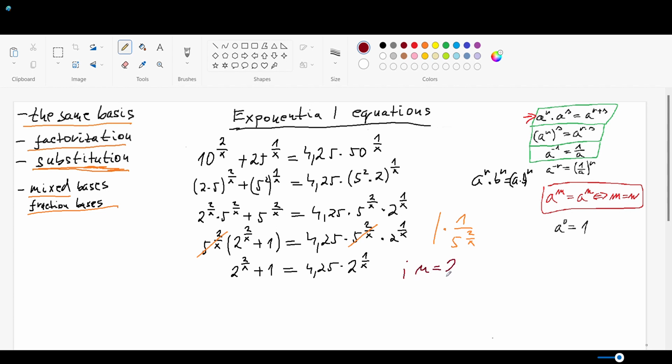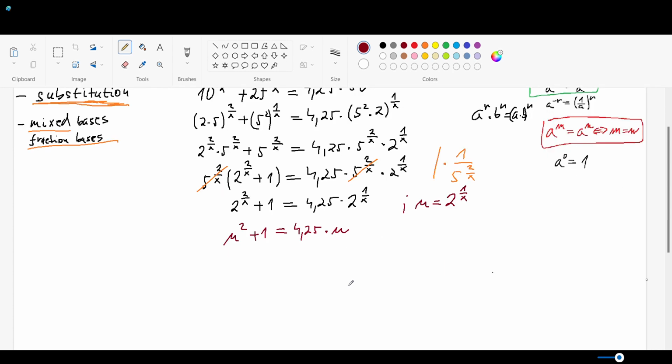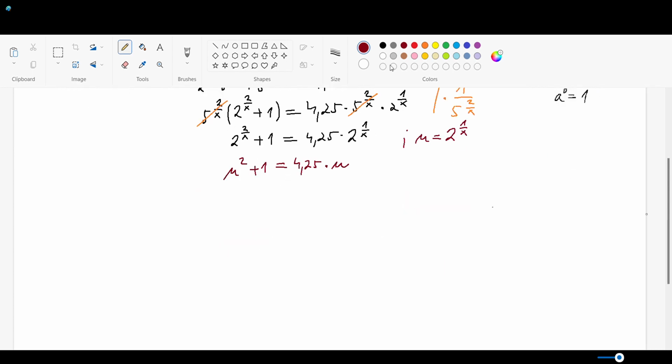Yes, the next step would be the substitution. u is equal to 2 to the power of 1 over x, and what will happen?